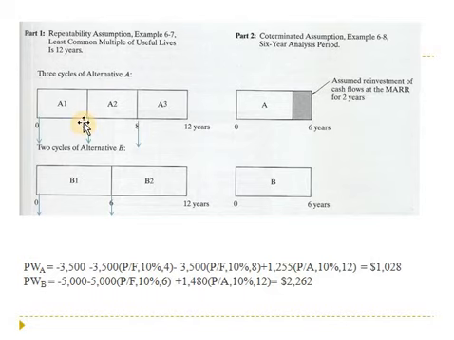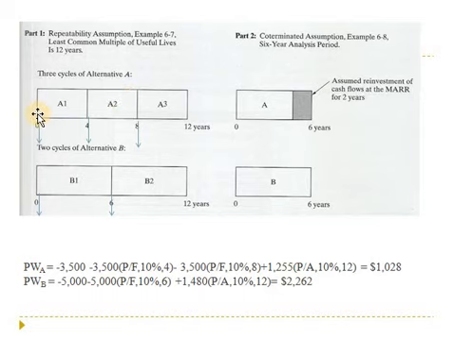Once the life of A finishes, I'm going to buy a new product, or repeat the investment. Everything that happened in A will be repeated. If I have an initial investment here, it will be repeated here. If I have a salvage value, it will be repeated. If I have an annuity, it will be repeated as well.